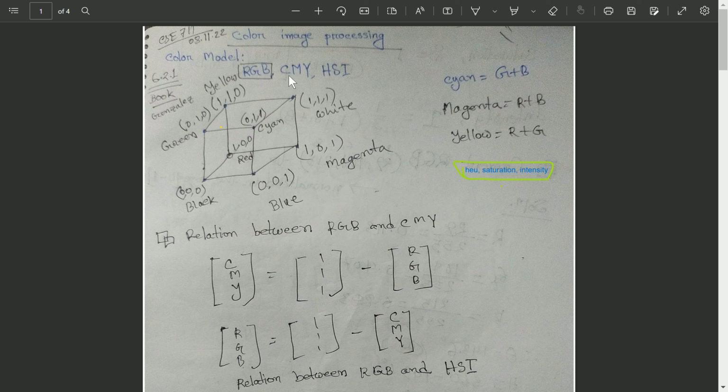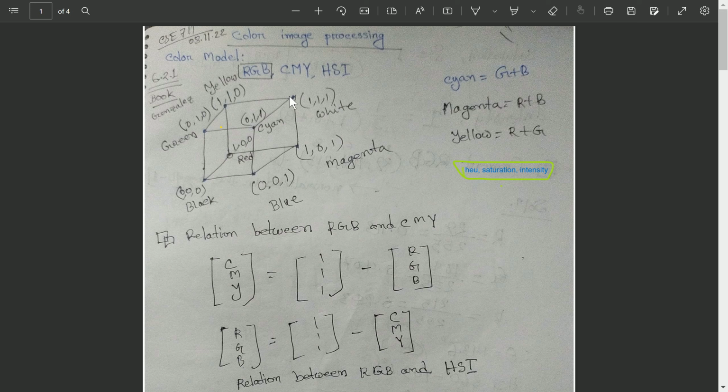Similarly, C refers to cyan, a mixed color of green and blue. M refers to magenta, a mixed color of red and blue. And Y refers to yellow, a mixed color of red and green.